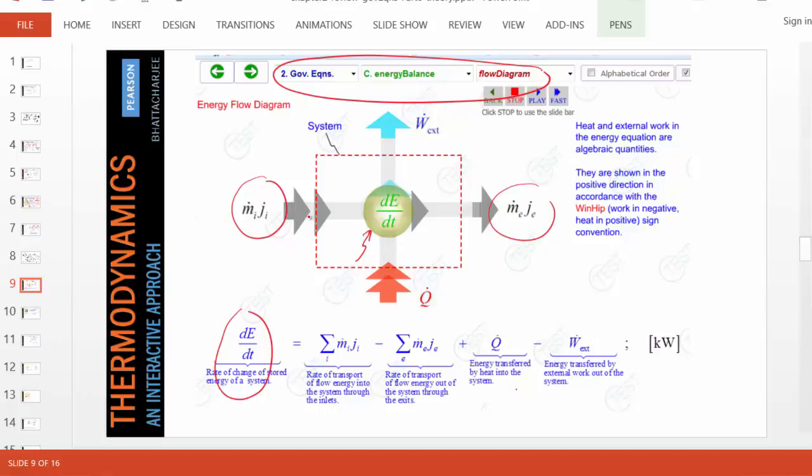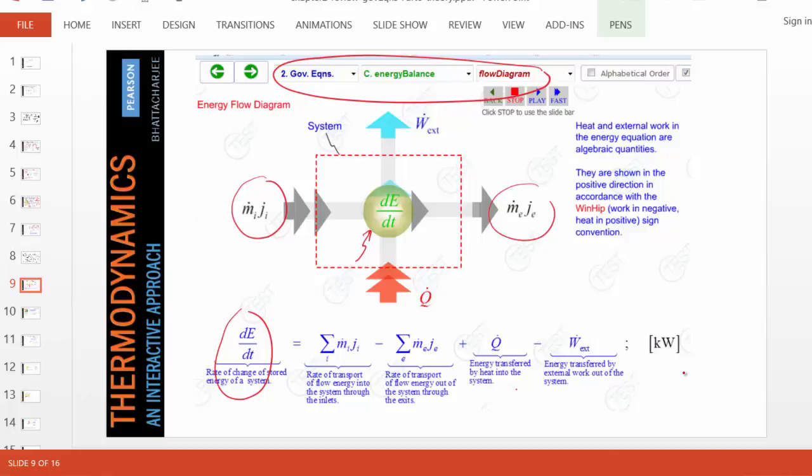Energy is going in, in this case, two different ways. Mass is carrying energy, heat is carrying energy. Energy is going out in two different ways. And the balance equation shows that it accounts for all the ways in which energy can be accumulated inside. And there is no other way in which energy can be accounted for. So this is for any system.